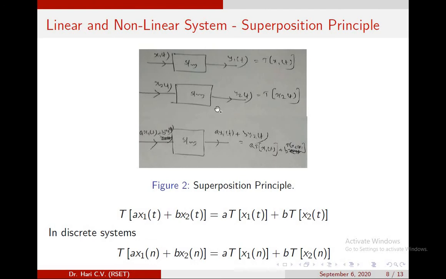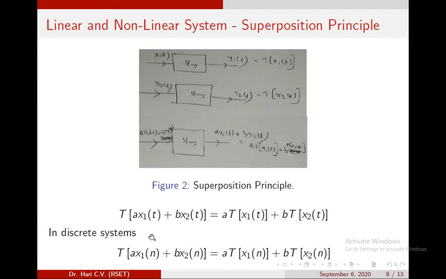Here you can see a system with an input x1 of t and its corresponding output y1 of t. This is x2 of t, a system with x2 of t and the output y2 of t is equal to transformation of x2 of t. The same system: the weighted sum of the inputs a x1 of t plus b x2 of t, if it is given as an input to the same system, if it produces an output a y1 of t plus b y2 of t, we can say that the system is linear.